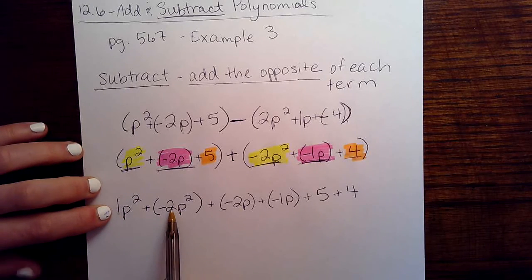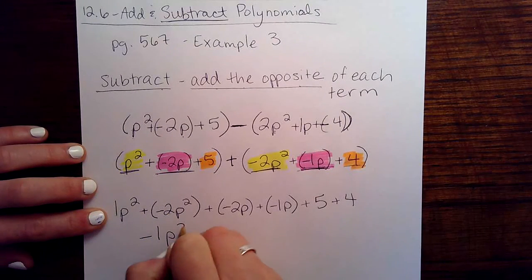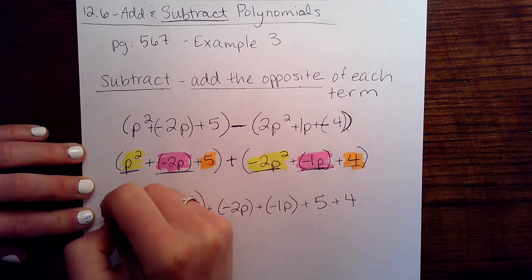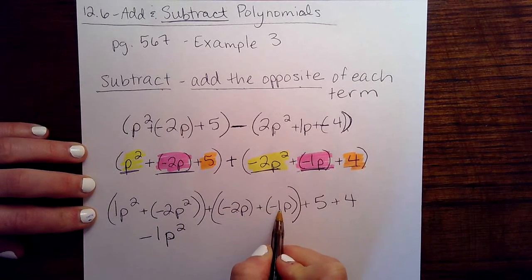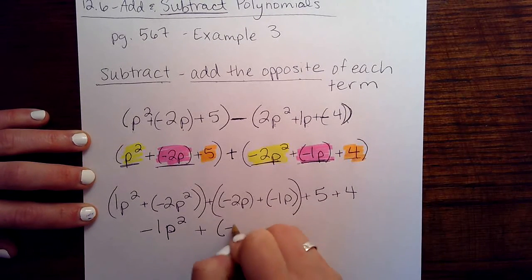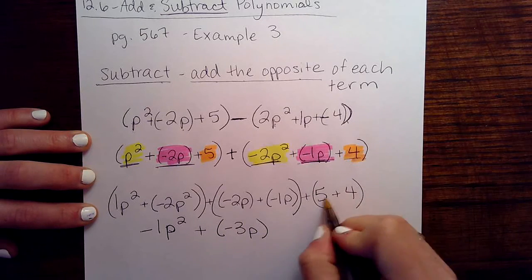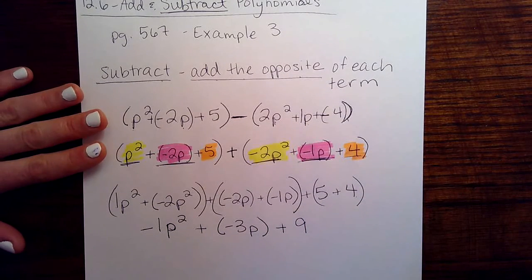Positive 1 and negative 2, when I add that together, is negative 1p squared. That was our first. Then our next term is negative 2p and negative 1p, which together make negative 3p. And finally, positive 5 plus positive 4 is simply plus 9.